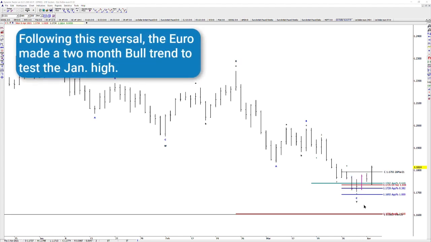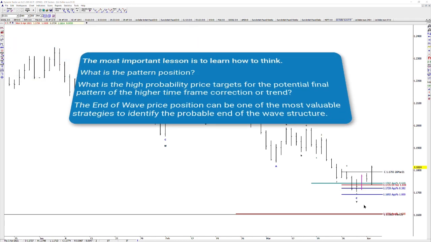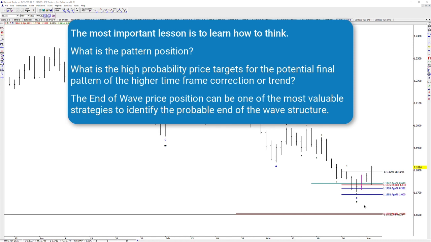Well, there's a few kind of non-traditional, non-typical examples that we've gone through. So what's important is to learn how to think. Think about the pattern position. Think about if a market's in a position to complete the last section of a trend or counter trend, and what would be the price position, the extreme probable price target position to complete that trend or counter trend in the last section of that trend or counter trend.